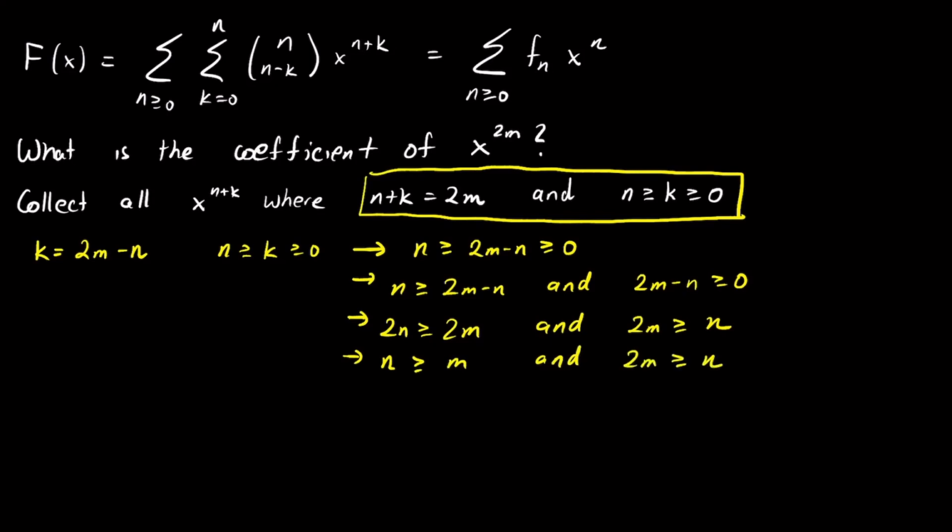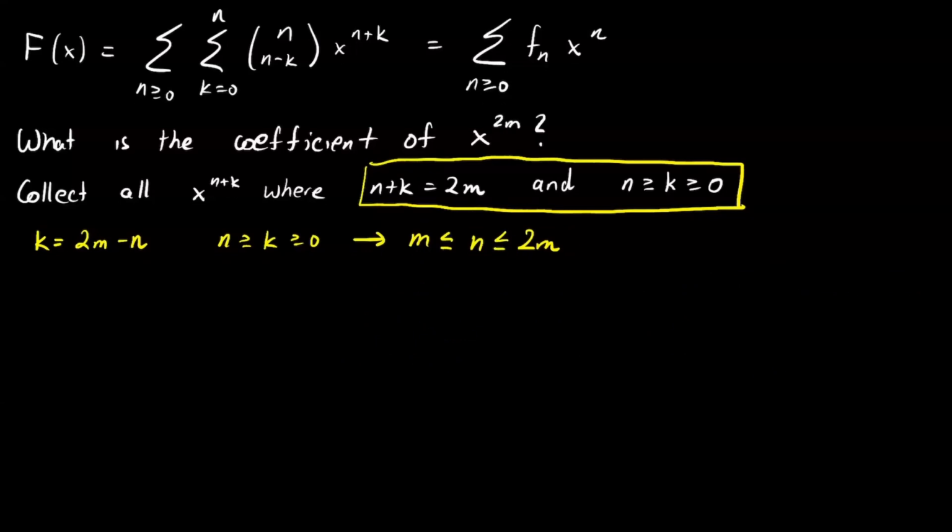So I can summarize all of this information as n has to be between m and 2m. Remember, m is fixed. Okay, so to sum this up, if k is equal to 2m minus n, and n is greater than or equal to k is greater than or equal to 0, that means that n has to be between m and 2m. And remember, m is fixed here.